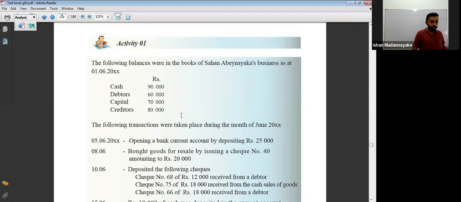Students, a question similar to this question we have discussed in page number 3 of your textbook. Therefore, I think it is not required to discuss activity 1.